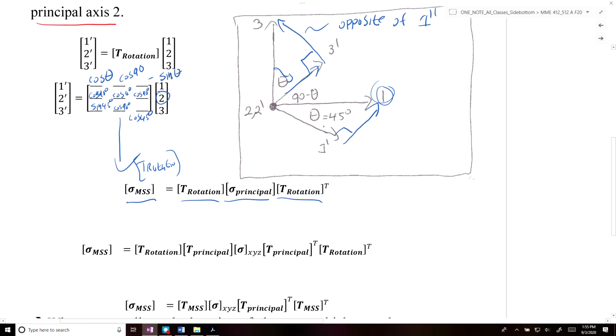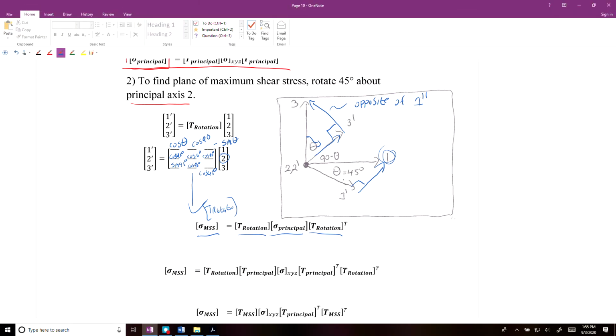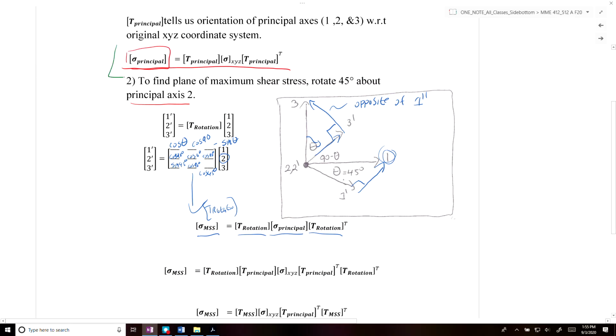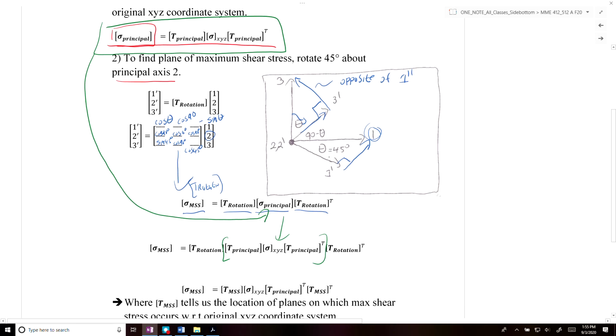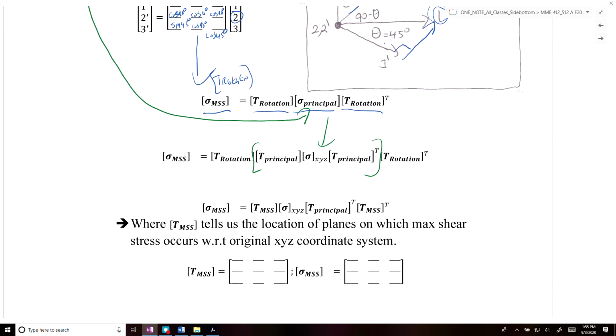Our maximum shear stress will be within that stress matrix. If we substitute in our principal stresses into this equation, we end up with the following equation where we can directly solve for our maximum shear stress.